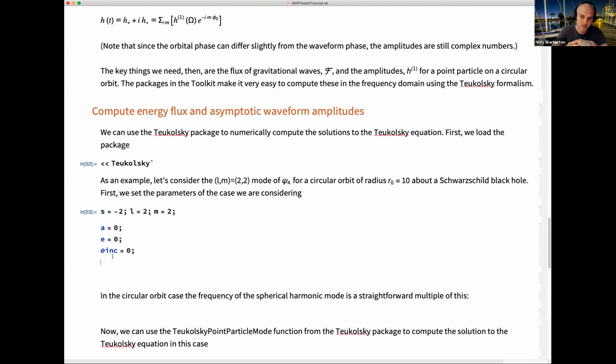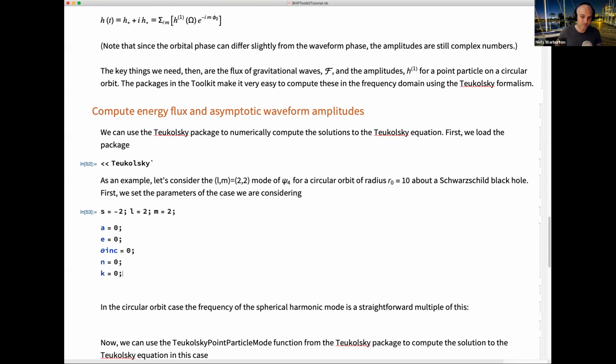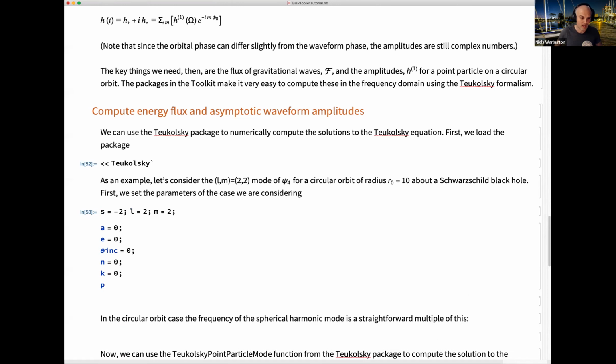So it has arguments for the radial harmonics and the polar harmonics if you were doing more generic calculations. We're not, we're just doing circular orbits. So we set these harmonic indices to 0, so K and N. And then we'll set P, which is the same as the radius in this case for circular orbits, to 10.